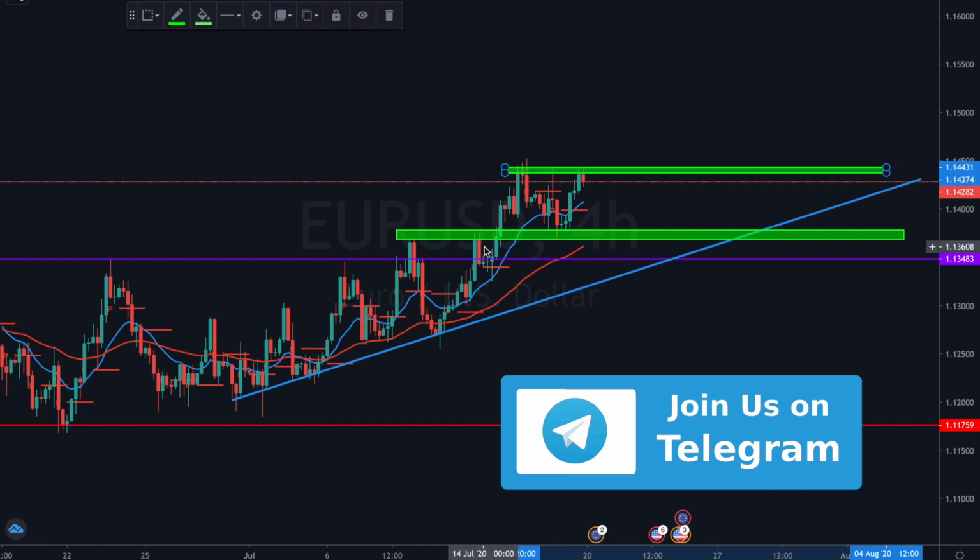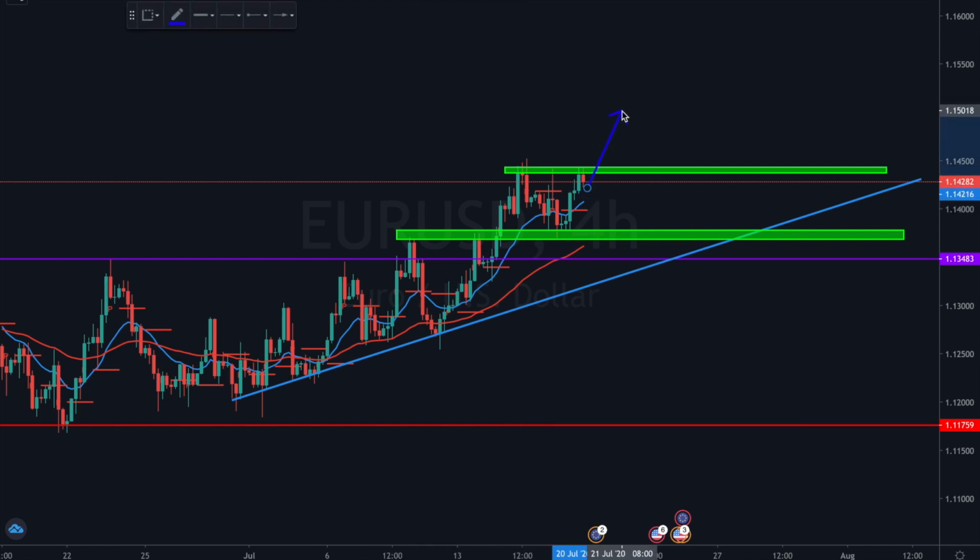So we expect the following two scenarios. Scenario 1, we go down, reject again this new structure, and go up drastically. And scenario 2, we break right through that minor resistance, then price pulls back to reject it, and again we go up drastically.